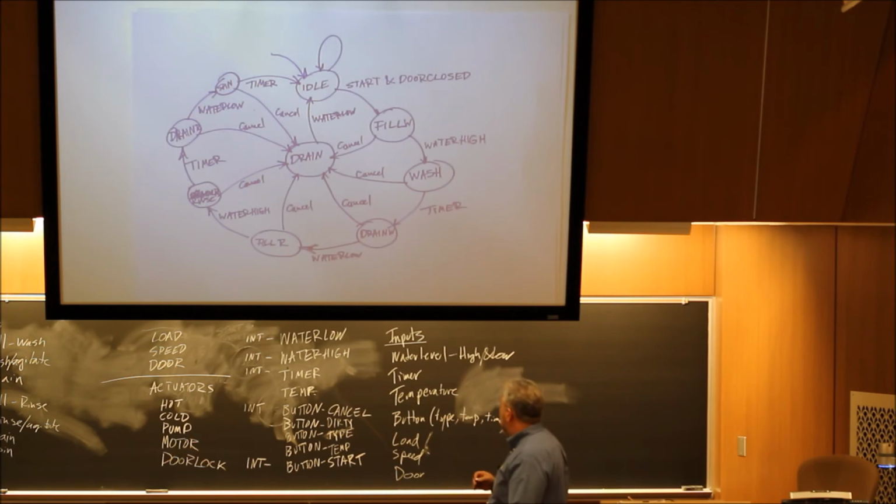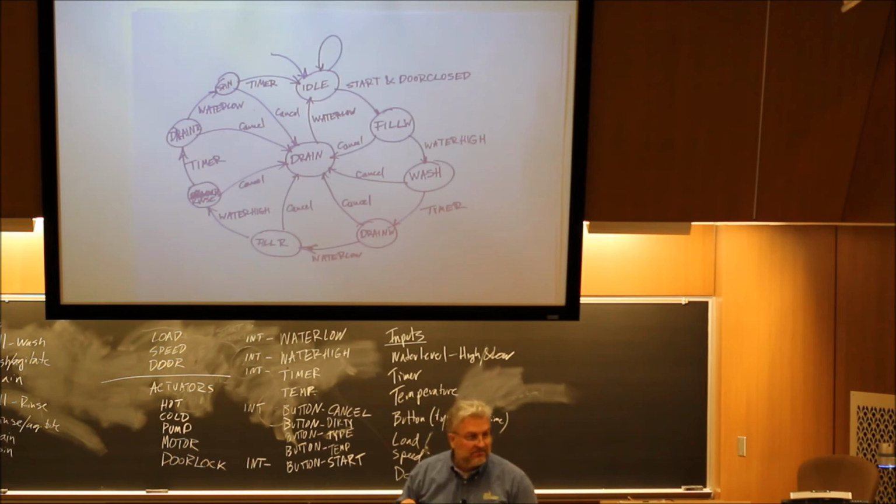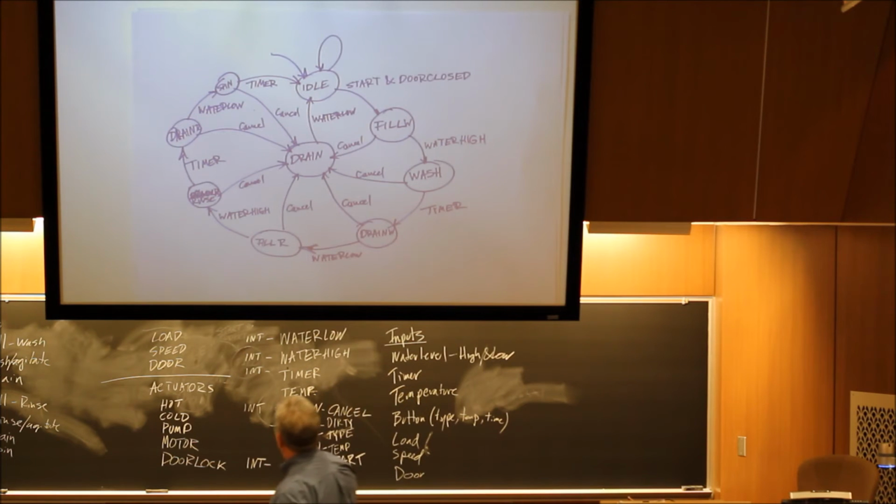All right. Now, this is a state machine, right? So we're going to have an enumerated variable called state. And so we'll identify each one of those states up there. Notice they all have a different name, right?